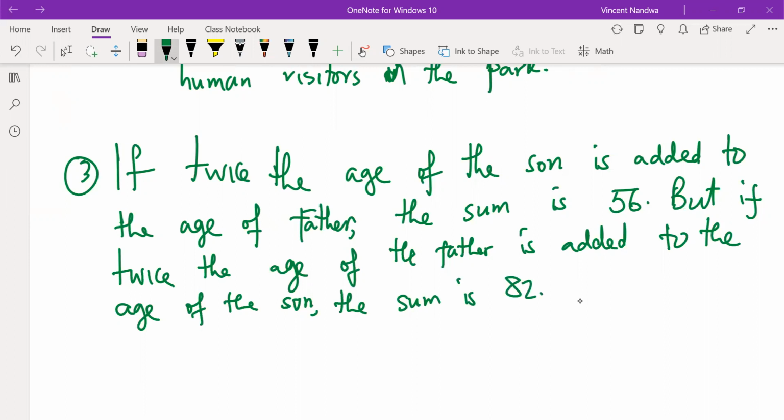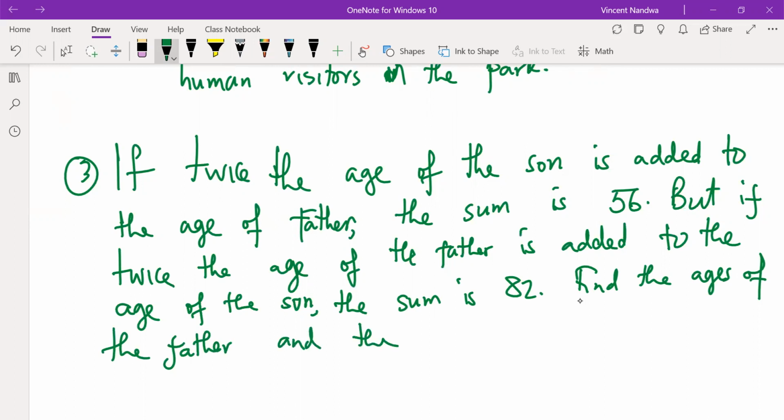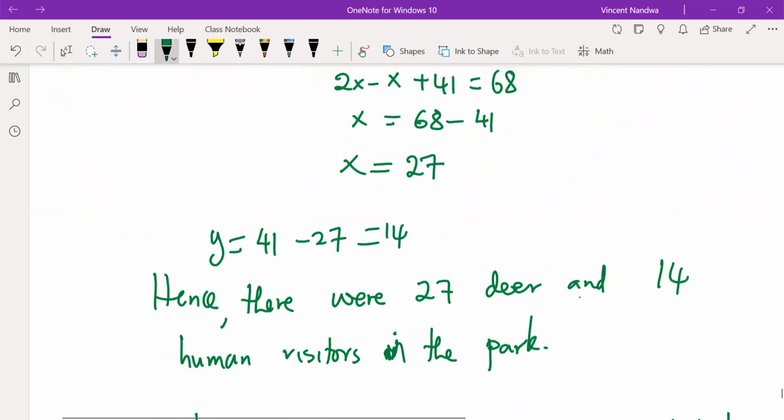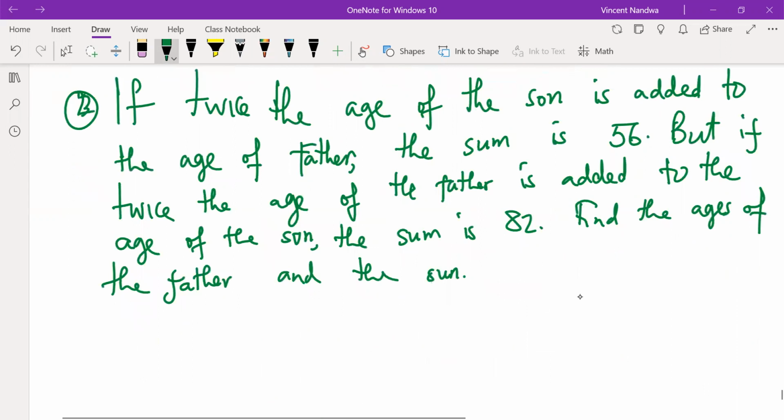Find the ages of the father and the son. So this should be example 4, not 3.